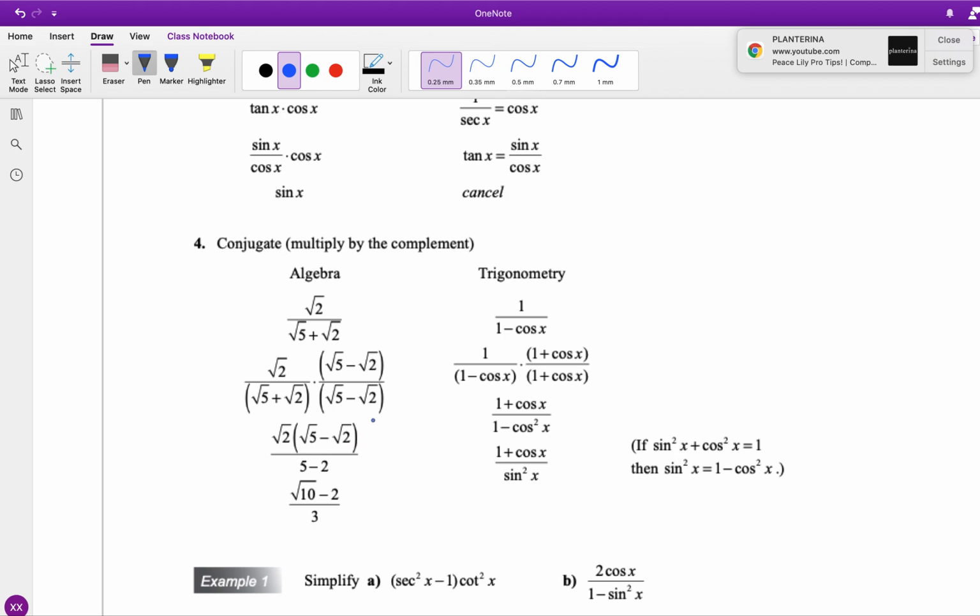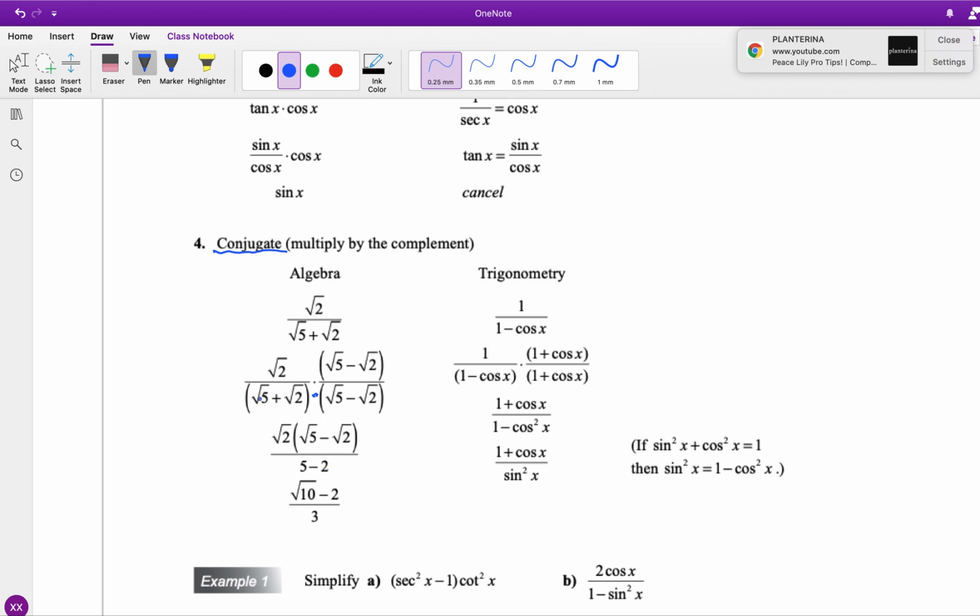Now the last one, last but not least, is very important. This is called the conjugate. That means we do not want to have any radical in the denominator. So how can we get rid of these? We multiply by the conjugate. This means a plus b multiplied by a minus b, therefore it becomes a squared minus b squared.